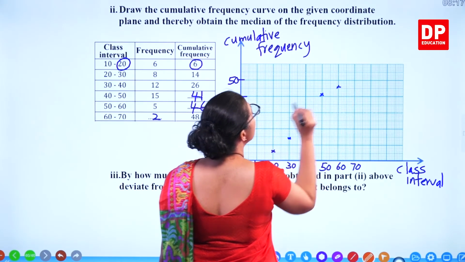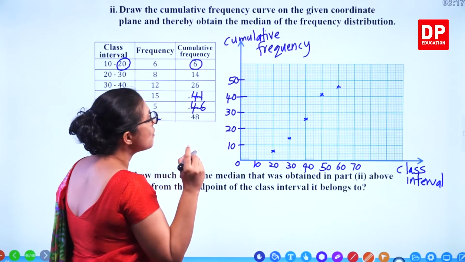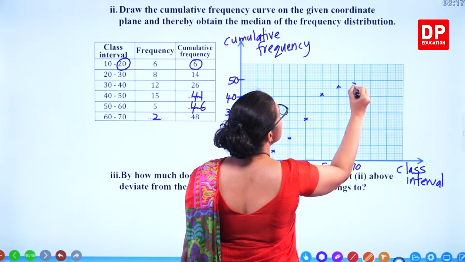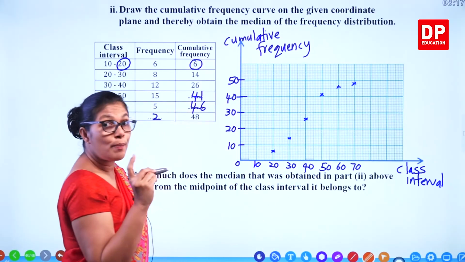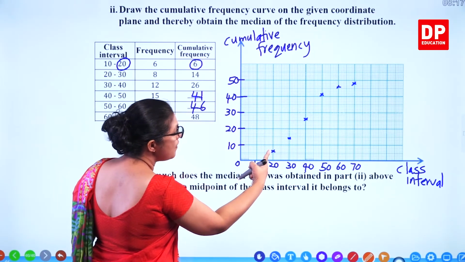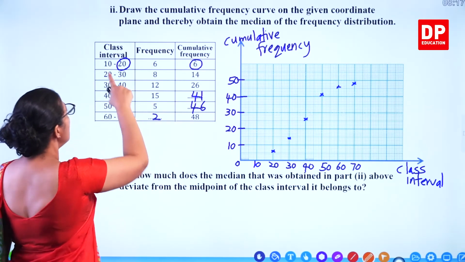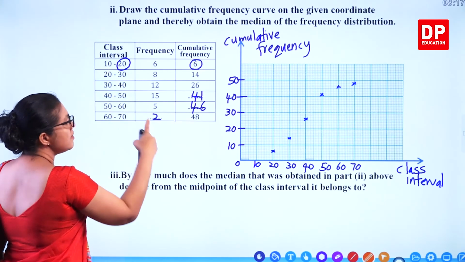And 70 with 48. Now we have all points, but make sure that you mark the lowest value. Here 10 means 0.